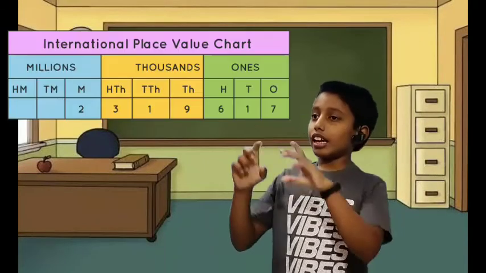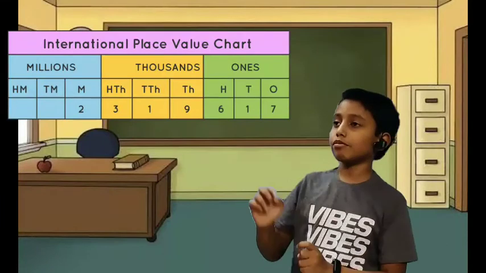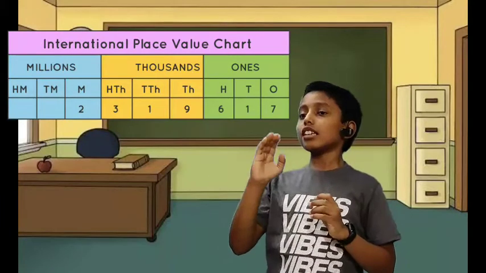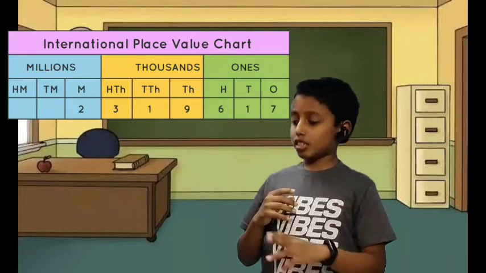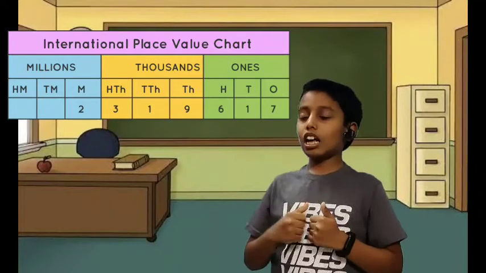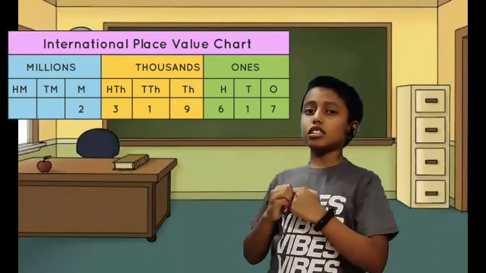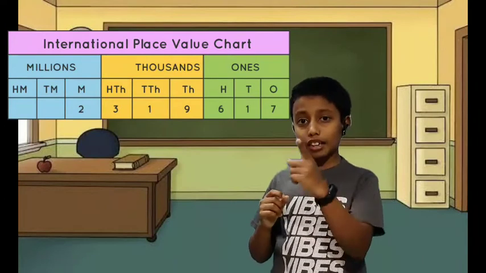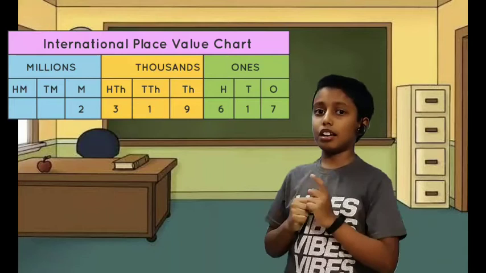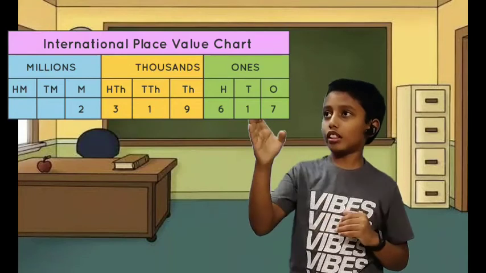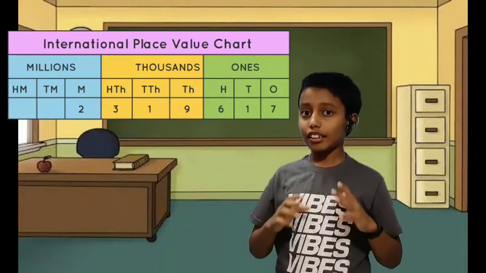But in the international place value system, there are ones, tens and hundreds in the ones table, same as the Indian place value system. In the thousands table there is another extra number, like thousands, 10,000s and 100,000s.